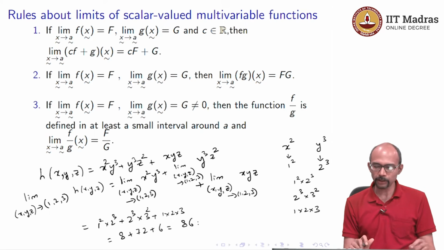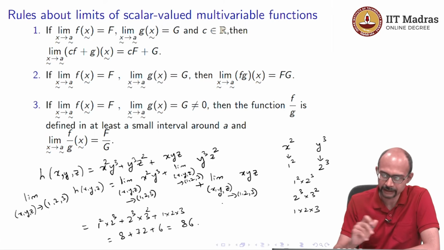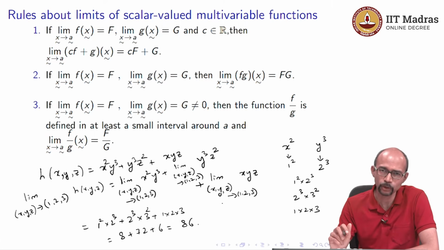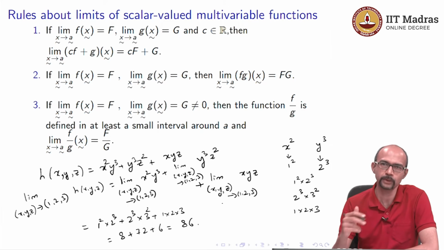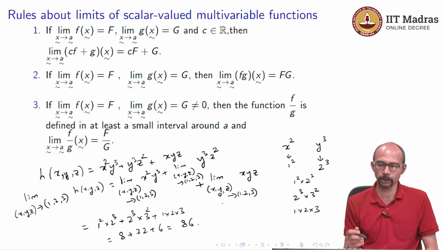Similarly, you could have something like the limit, let us say, x by y as x comma y tends to 1 comma 1, then that would be just 1, because you can substitute for the numerator, substitute for the denominator, and for the denominator it works because the limit is non-zero. So, this is very similar to what we have done in one variable calculus.